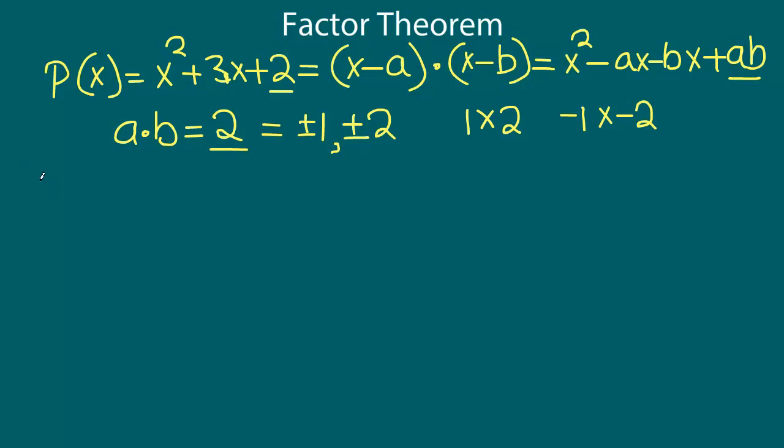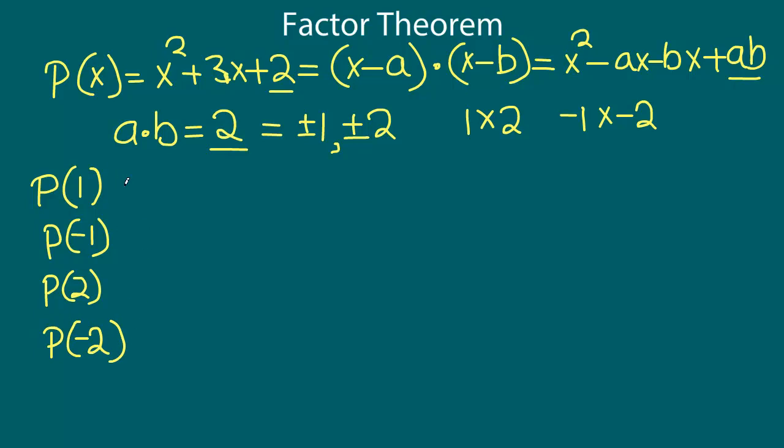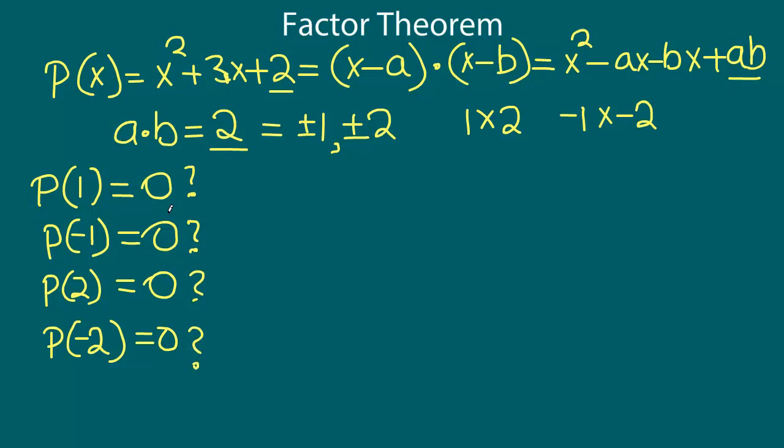Factor theorem tells us that if we find the remainder at each of these 4 values, p of 1, p of minus 1, p of 2, and p of minus 2, then wherever we get a 0, that means the remainder is 0, and that will give us the factor.